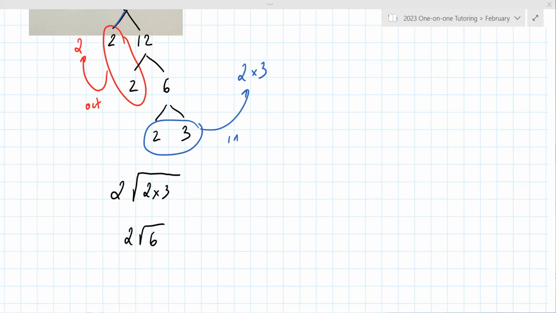Any questions on that before we move to another example? No. Okay.